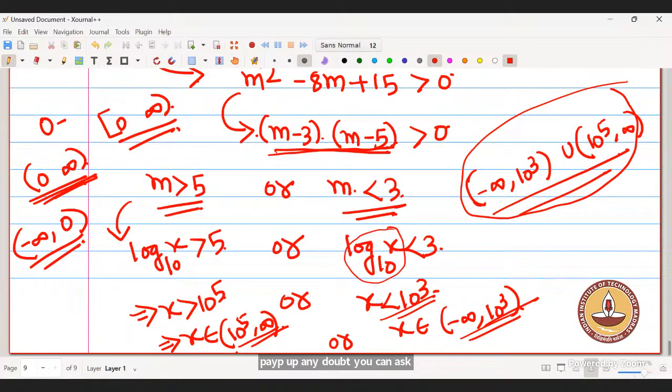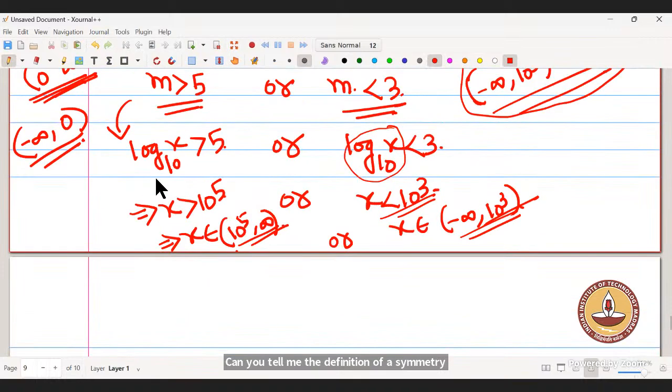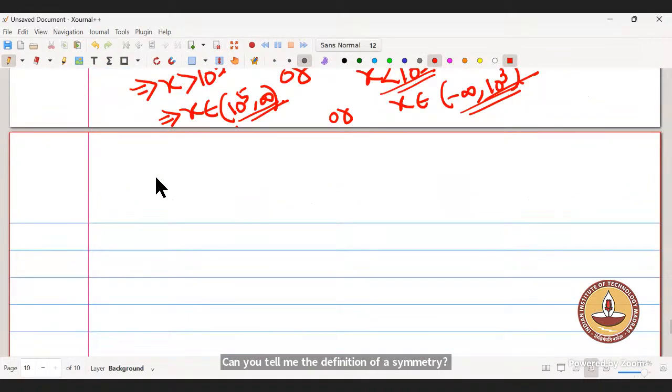Sir, is anti-symmetric or asymmetric both the same or are they different? Okay, I certainly don't remember the definition of asymmetry. Can you tell me the definition of asymmetry? Then probably I can tell you the difference. If you can tell me the definition, then certainly I can tell you the difference.